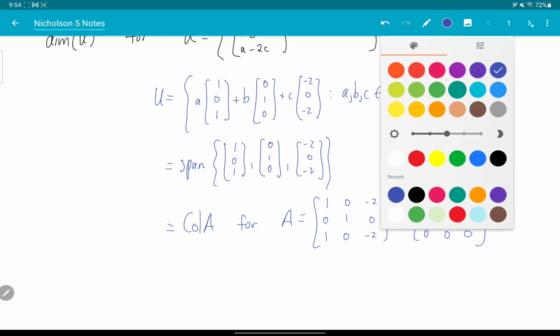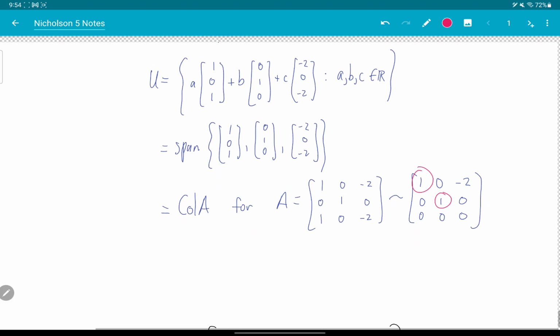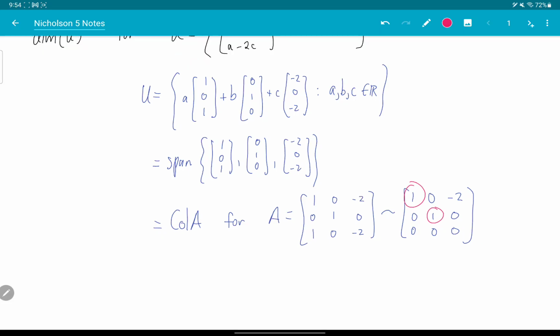Aha. So my basis is the first and second columns.